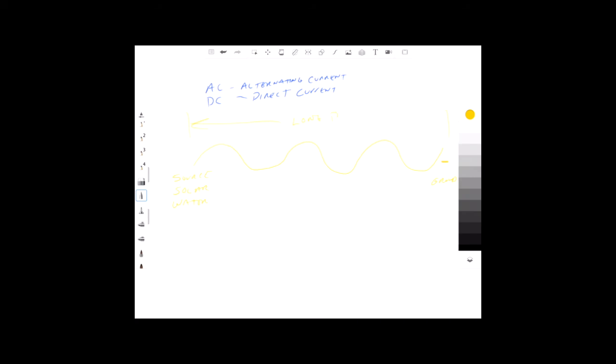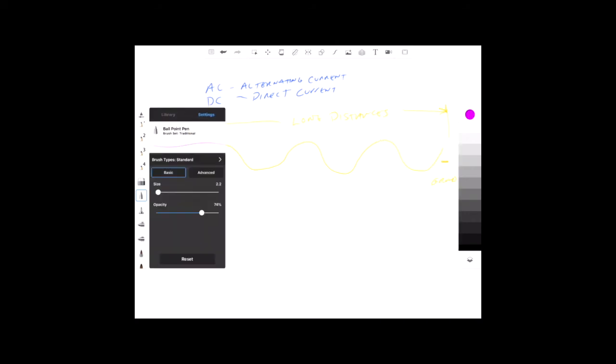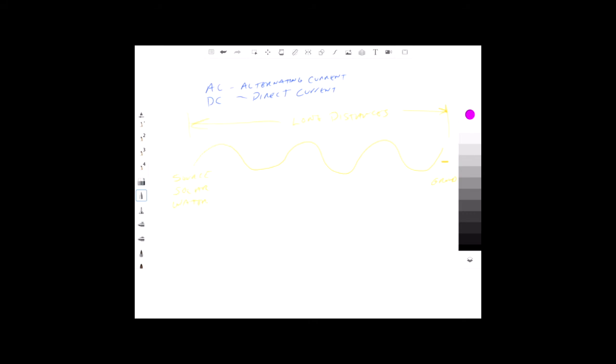Long distance. So they're really good at long distances. A couple other things, but if we switch colors here and we go to this color right here, and let's just make this a little bit bigger. When we talk about DC, it's a square wave.